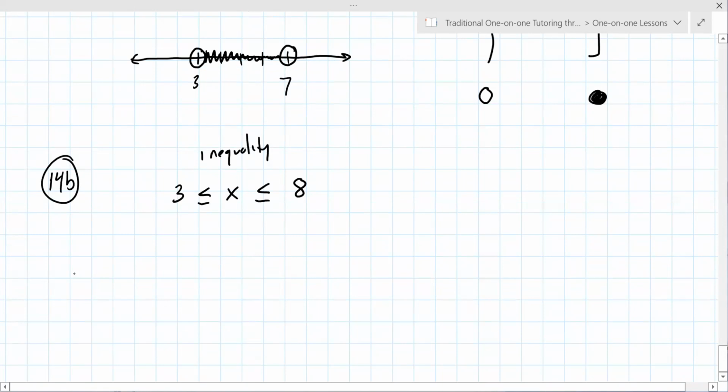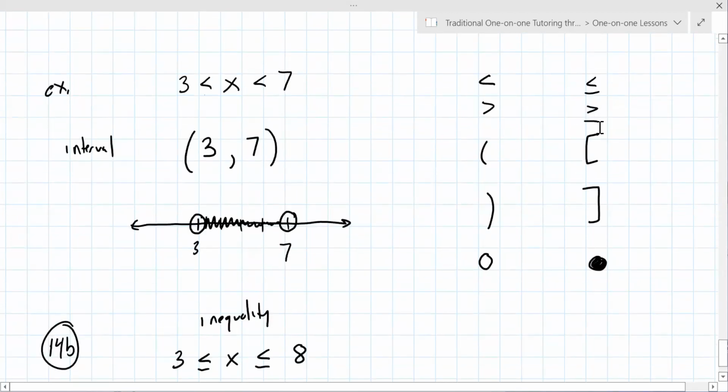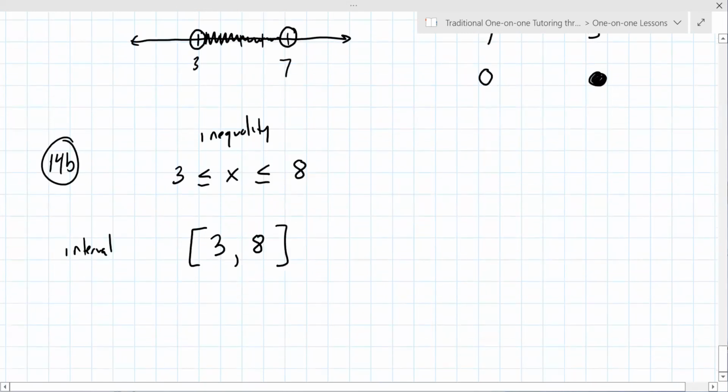The interval: from the inequality, you take the two numbers and you put a comma between them. Okay, and then you have to go back to this chart on the right here where you realize, oh, if it's a less than or equal to or greater than or equal to, I use a bracket. So the bracket has to have the underline. Exactly.